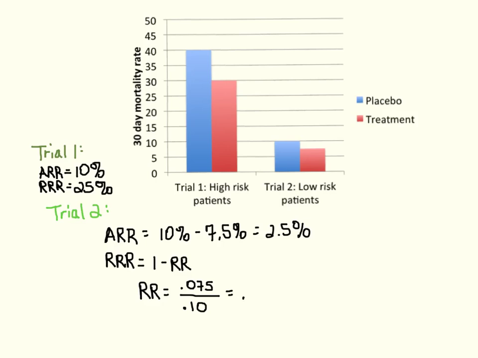This equals 0.75, and then 1 minus 0.75 is 0.25. So the relative risk reduction is 25% in trial 2 with low-risk patients, and the relative risk reduction is the same with the low-risk patients as it is with the high-risk patients. However, you can see that the number of patients who are actually affected is much smaller in the low-risk patient trial than it is in the high-risk patient trial.